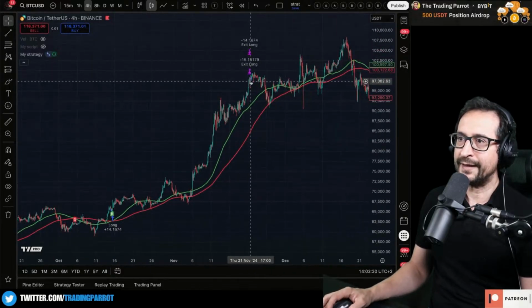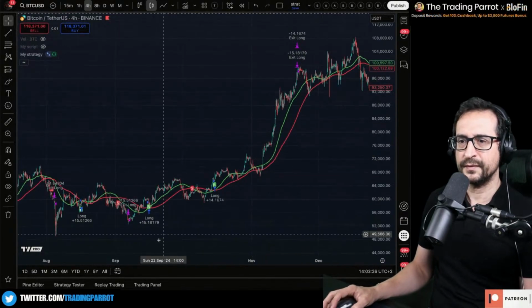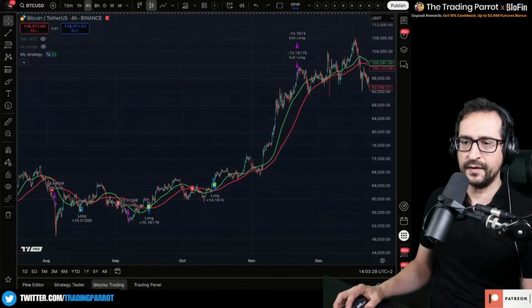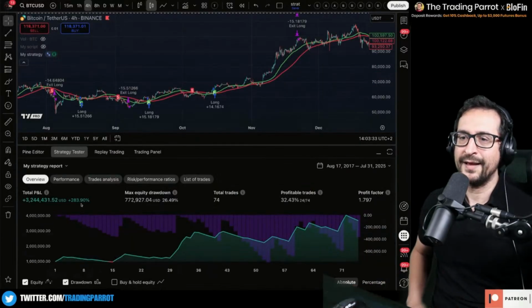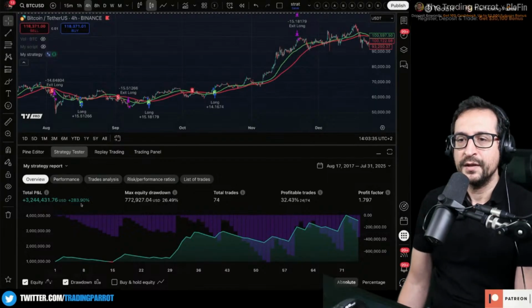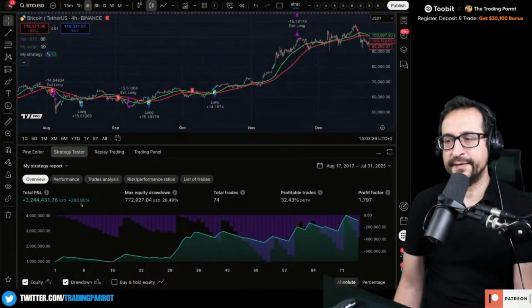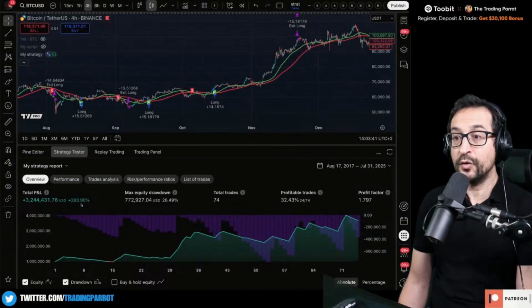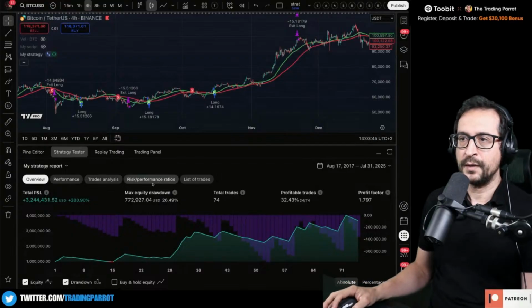And then I get an exit pretty much in the same candle. That is a little bit odd. Maybe there's something wrong in the implementation, but you can see how that affects everything. That is showing us a 283 with 26, and there's a bit more drawdown. There are definitely more trades.